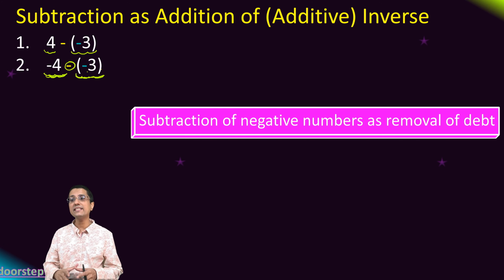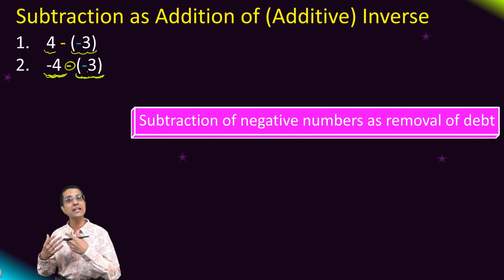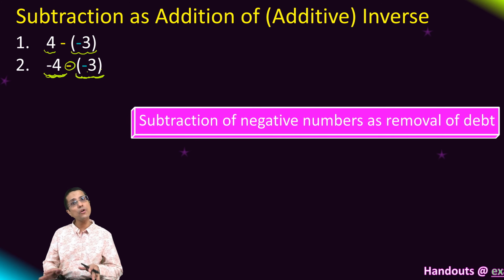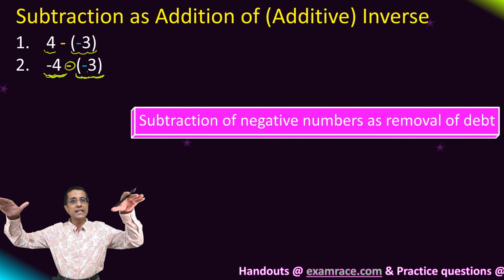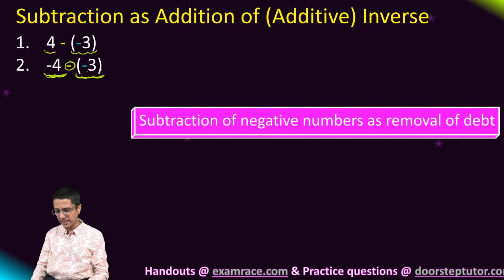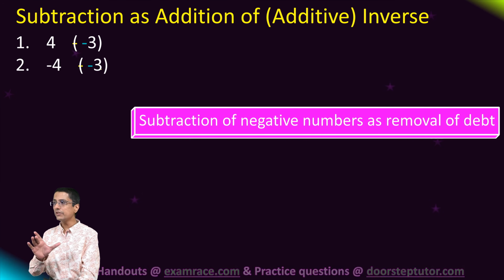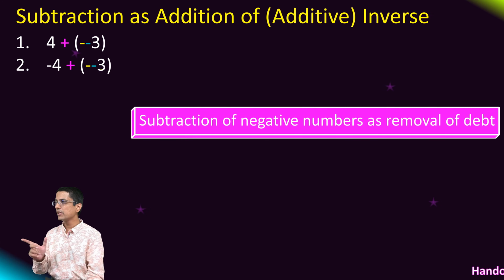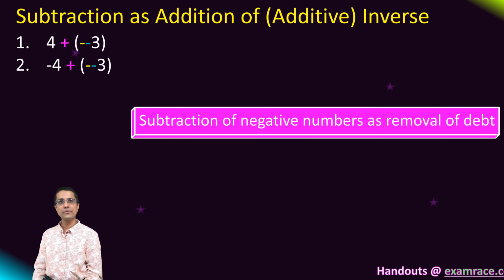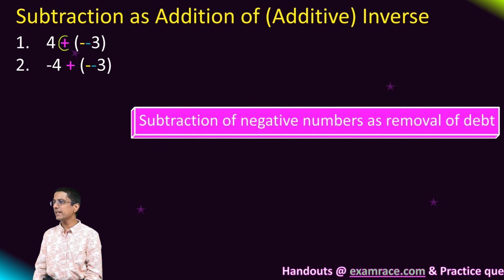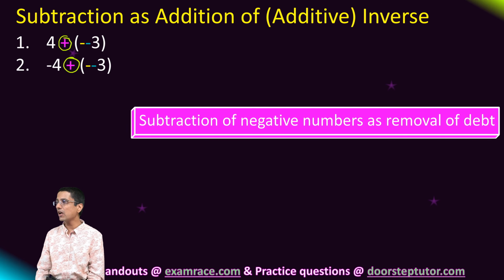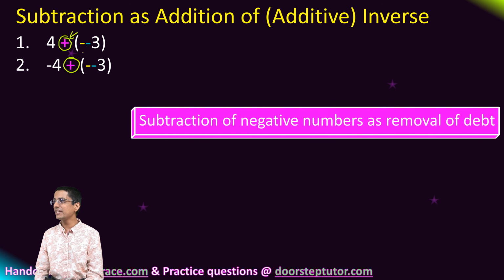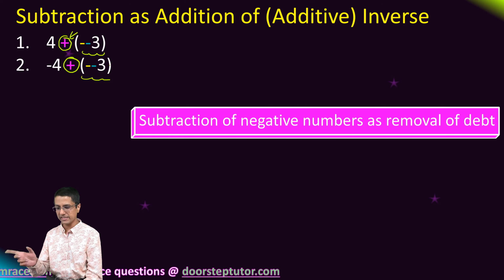Subtraction of debt is exactly equivalent to making a deposit. So if I pay off my debt or I make my deposit, in both of those cases I am actually increasing my savings, right? That is what we expect. So we'll use that analogy and solve this problem. So what we have done is, instead of solving for the minus sign, for the subtraction of debt, we are now looking at the addition of deposit or addition of savings.